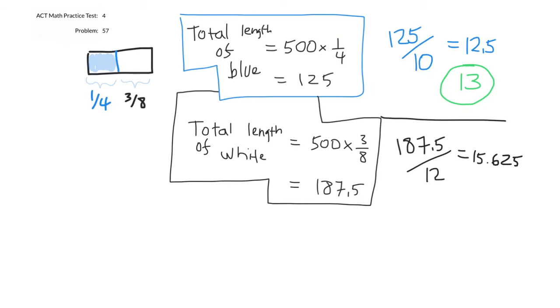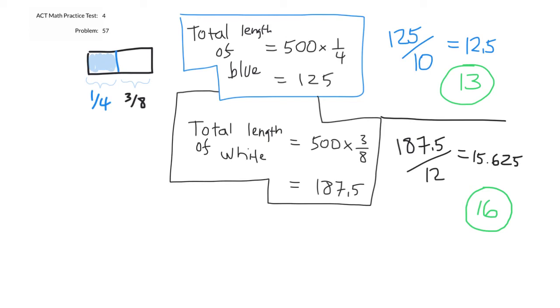Similarly, we will have to round up to make sure that we have enough material. So we would need 16 total 12-yard bolts of white material.